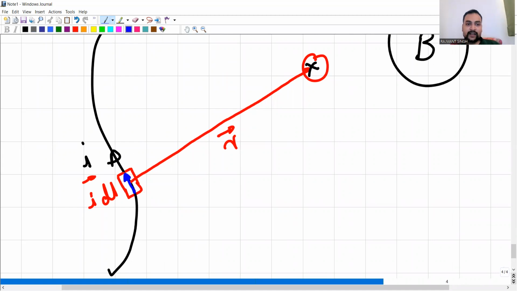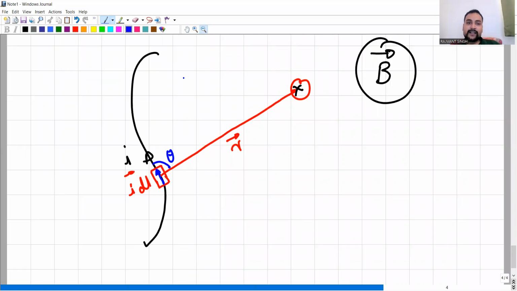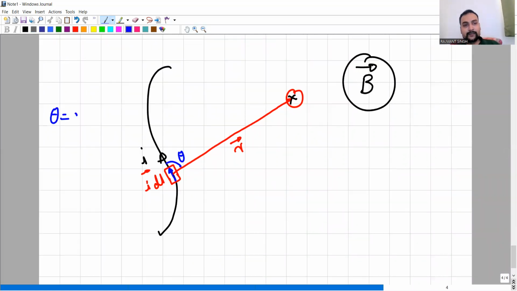The direction of the vector Idl is the direction of the current flowing in it. So theta is the angle between Idl and r. r is the position vector of this point with respect to Idl, and Idl is the current element.